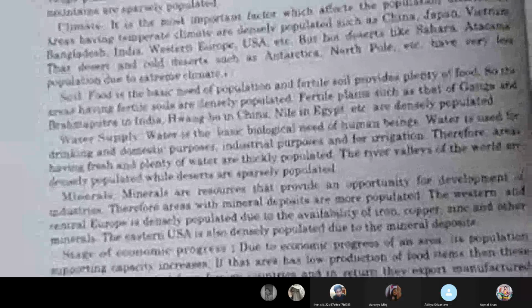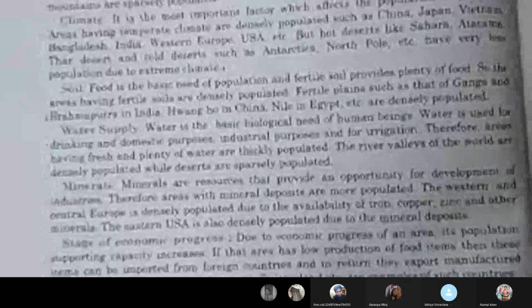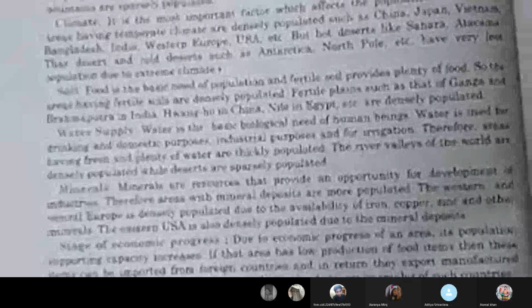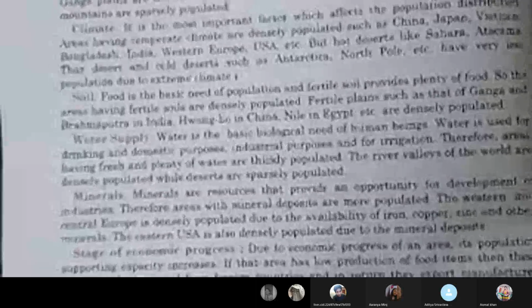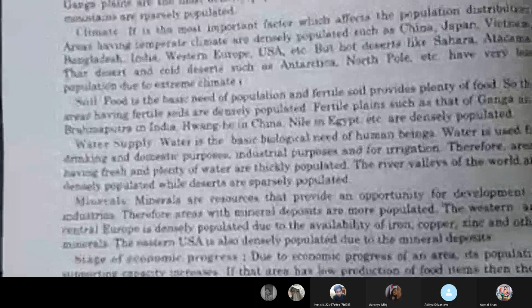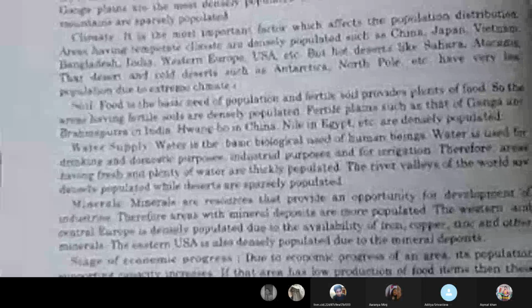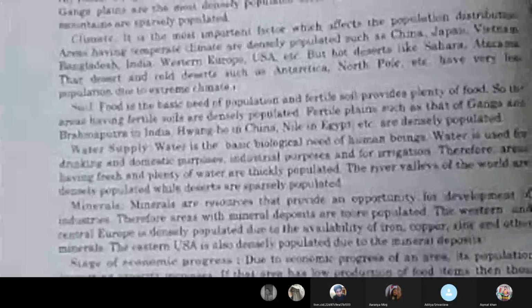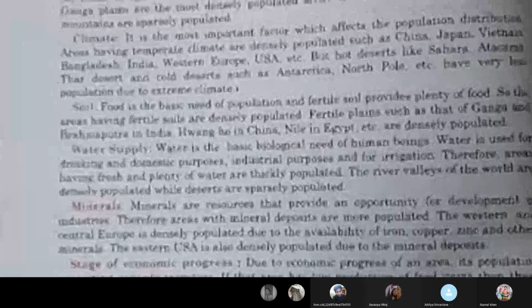Therefore, areas having plenty of fresh water are thickly populated. The river valleys of the world are densely populated, while deserts are sparsely populated. So the areas which are rich in water supply, which have good fertile soil, a moderate climate, and plain, even relief features, are densely populated.